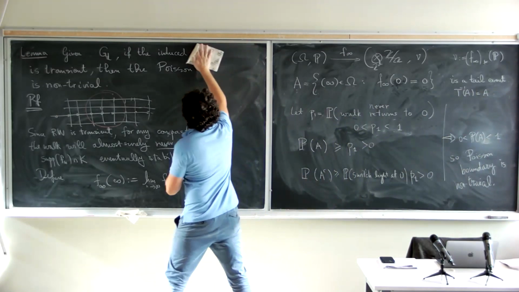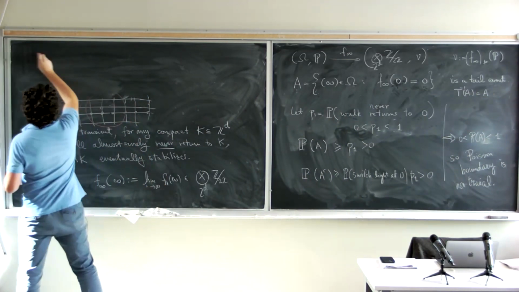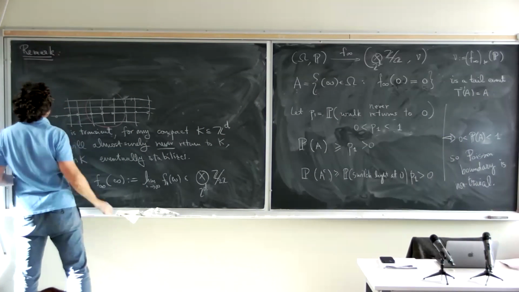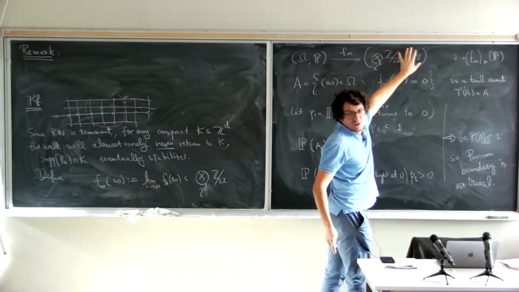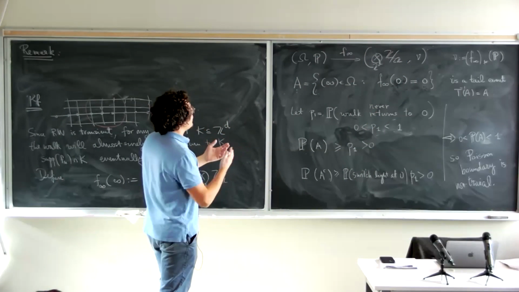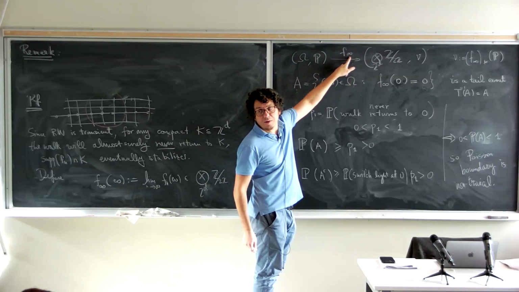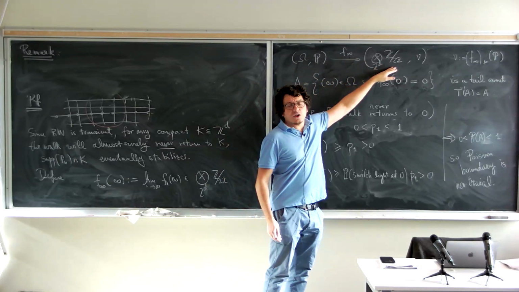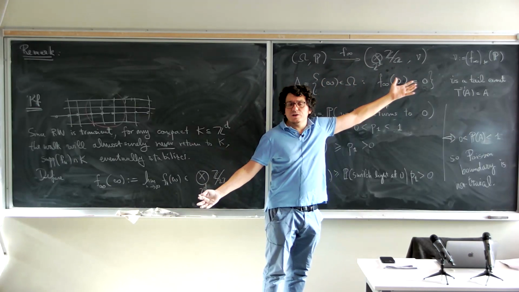Let me just say one more remark, a historical one. So far we proved that this boundary is non-trivial, but of course we have an obvious candidate for the boundary. We have this F infinity map, so the obvious candidate would be that the space of infinite configurations of lights with this induced measure is the actual boundary.